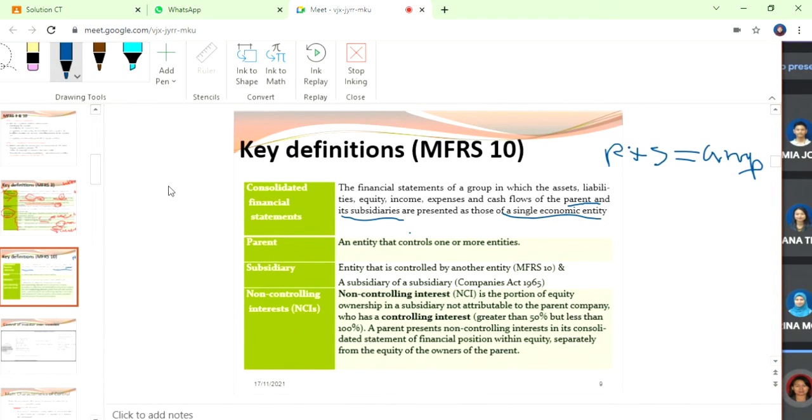So parent plus subsidiary form a group. That means, in group accounting, before we do the group financial statements, each party will prepare their own set of financial statements.